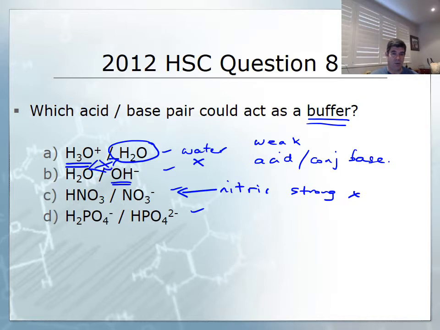We have equal concentrations of these, and this is not going to give us our standard definition of a buffer. So the only one that actually qualifies is the system that we looked at for living cells, which is the hydrogen phosphate equilibrium. So D is the correct answer.